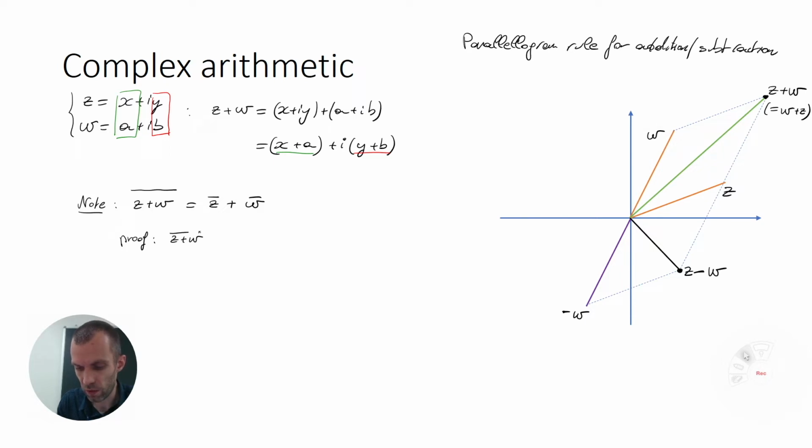If you take the complex conjugate of the sum, we use the expression that we have here, that's x plus a minus i(y plus b), and we can write it as x minus iy plus a minus iy b, and we see that this is z bar and this is w bar. So this is also a useful property to keep in mind.